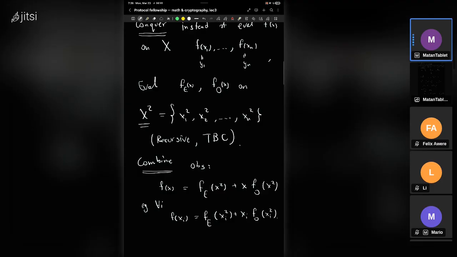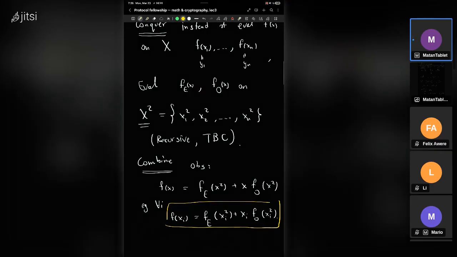So you see, using this formula, if I want to get f of xi, because I want the sampling representation of f, I can equally well just evaluate Fe on xi squared and Fo on xi squared, and then I sum.